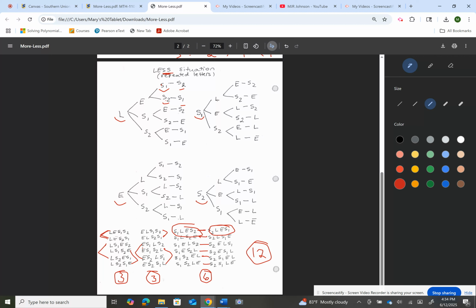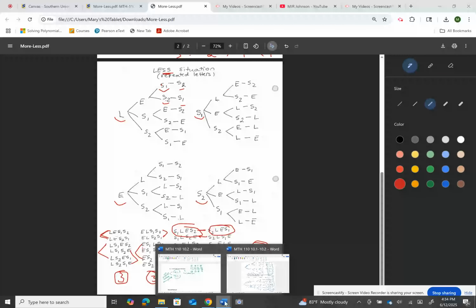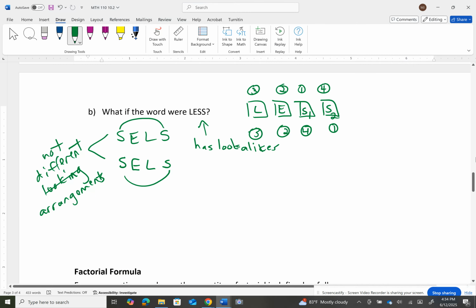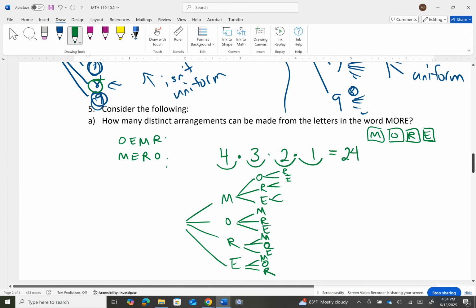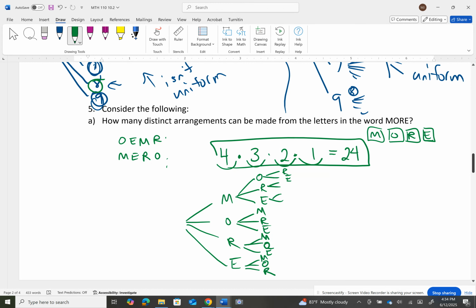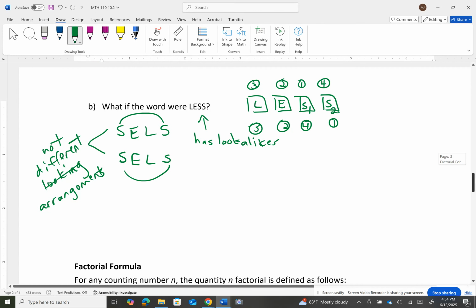And so I want you to think about the more versus less situation when you're trying to answer a question like how many different arrangements can you make. For this one, we could have just done 4 times 3 times 2 times 1 and come up with it. But for this one, we couldn't have done that because we have these lookalikes and we can't count them.